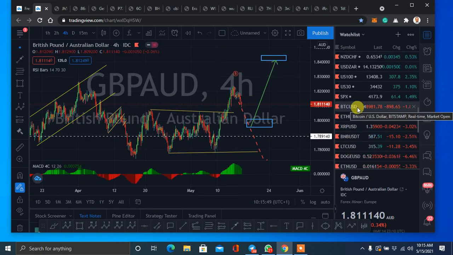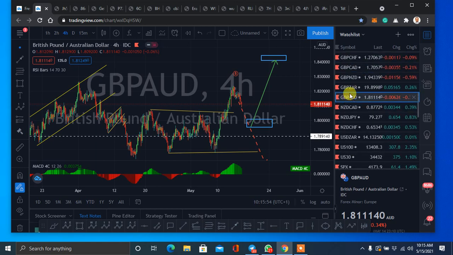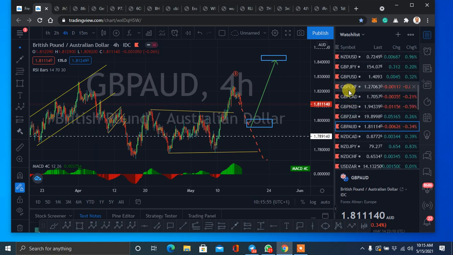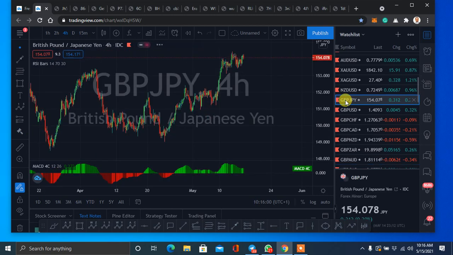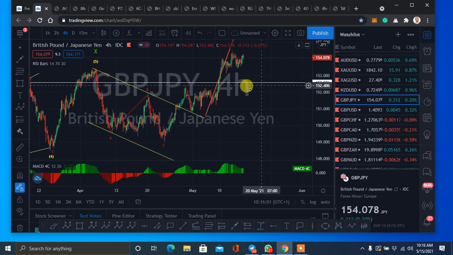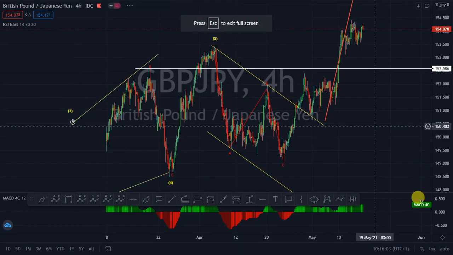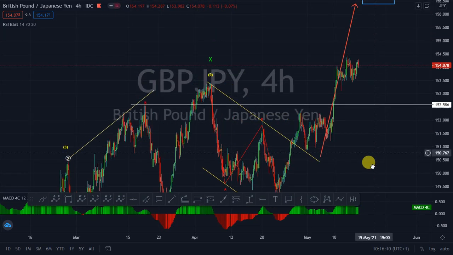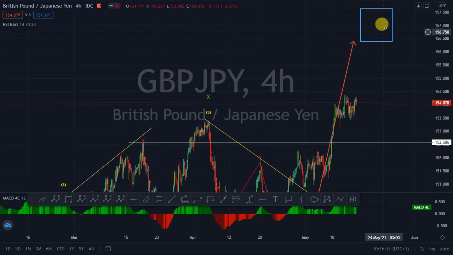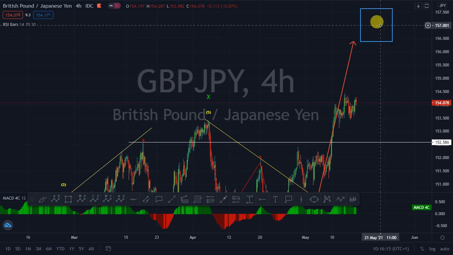Which other pound pair haven't I shown you? I've shown you many of them. It remains pound JPY, right? Pound JPY. We are buying towards 156, 157.